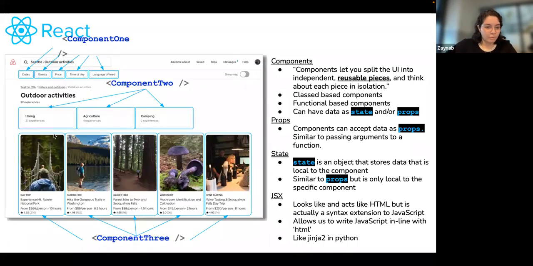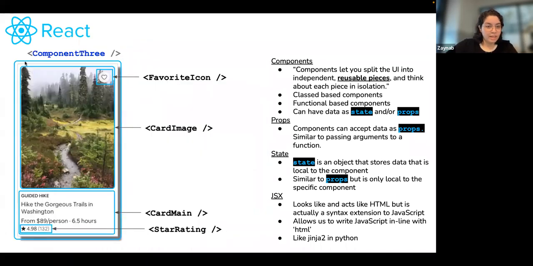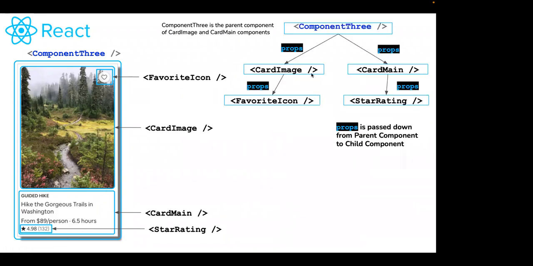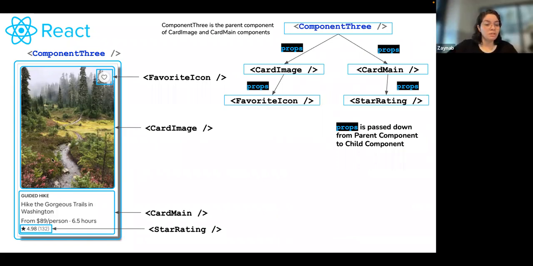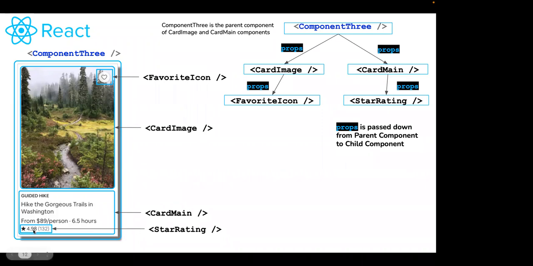So if we look at component 3 over here, even component 3 can be broken down into different pieces. We can have this top piece and this bottom piece, so our card image and then our card main. Are those the states or no? No, these are actual components. Oh, okay. The state might be the rating.